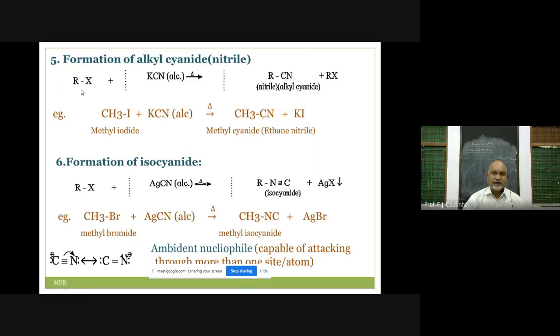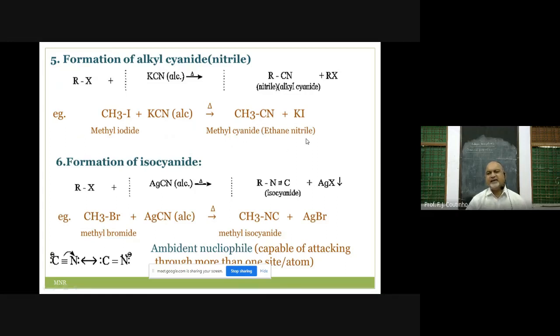Now here, when an alkyl halide like methyl iodide is treated with alcoholic potassium cyanide, KCN, and heated, you get formation of RCN, that is alkyl cyanide, also known as alkyl nitriles. When you take methyl iodide and treat it with alcoholic KCN, you will get methyl cyanide, also known as ethane nitrile.